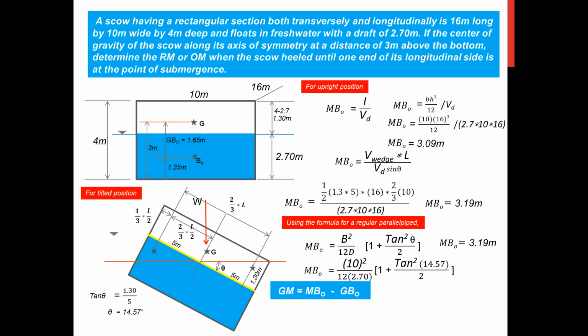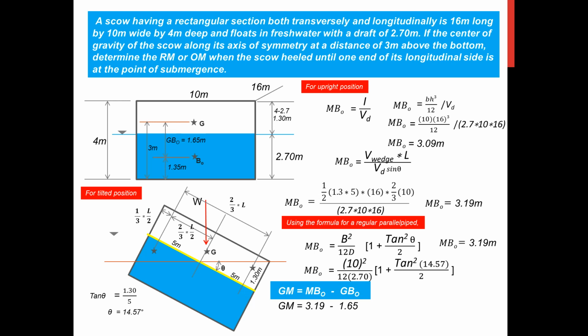So in here, the metacentric height will be calculated for the calculation of our couple in a while. The metacentric height here is MBO minus GBO. So the obtained MBO in the tilted position will be adapted. We have 3.19.